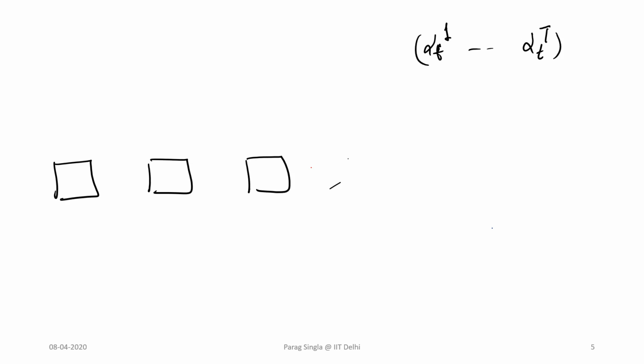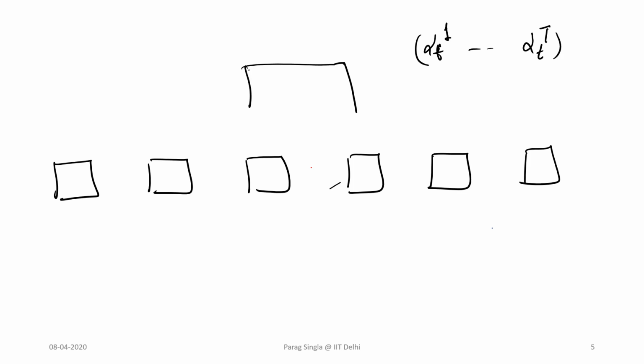And finally, let me describe this idea of computing these alpha 1 to alpha T. So let me just draw the boxes again here. These are our hidden boxes corresponding to the input layer, and this was our attention box that we had drawn earlier.